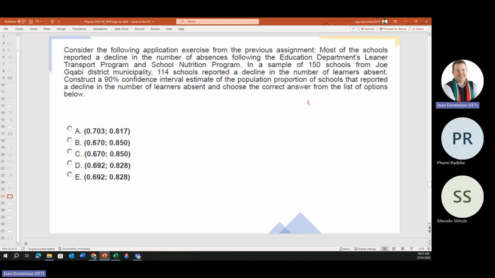We will need to get your P for your proportion, and then also just remember the formula. So it's Z times, and again, the standard error of proportion.